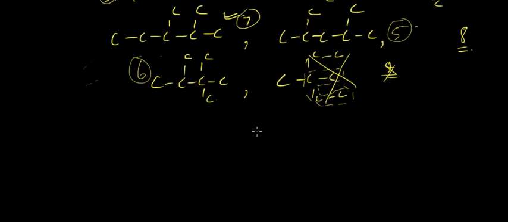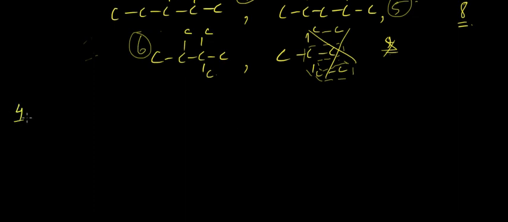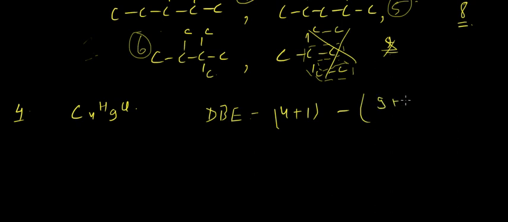Okay, so let's draw for C4H9Cl. So DBE for this compound would be (4 plus 1 minus 9 plus 1 minus 0) by 2. So DBE again would be 0. So let's draw for this 1 2 3 4.